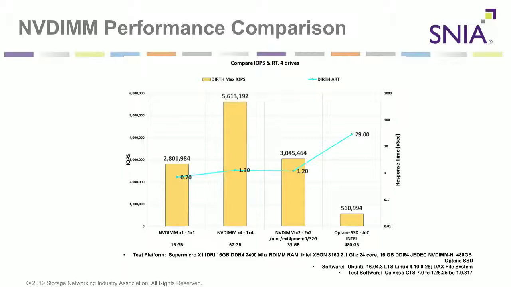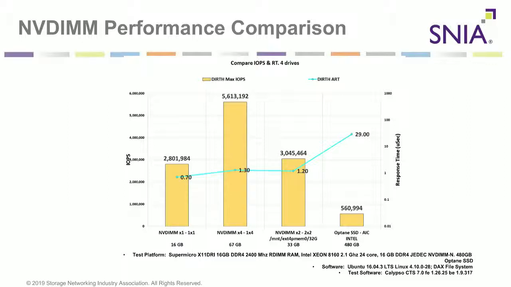The second column you're seeing is using 4 NVDIMMs, and you can get all the way up to 5 million IOPS. And again, this is accessing it in a DAX mode. If you compare that to an SSD, of course, it is probably one of the fastest SSDs available today, which is a 560K.